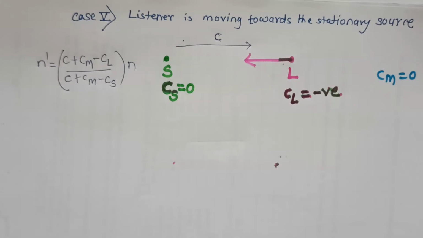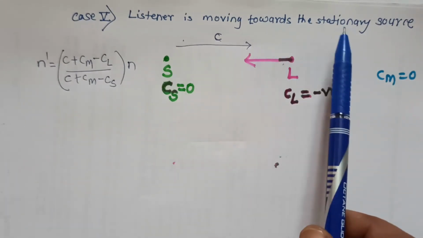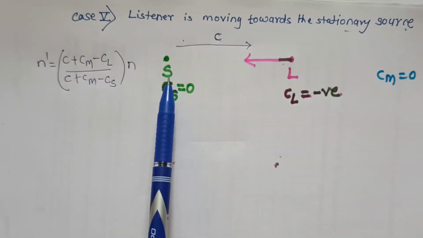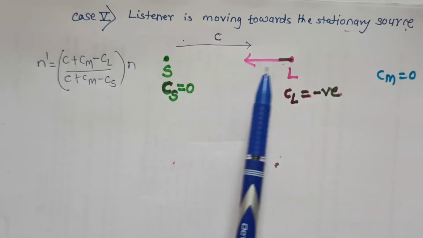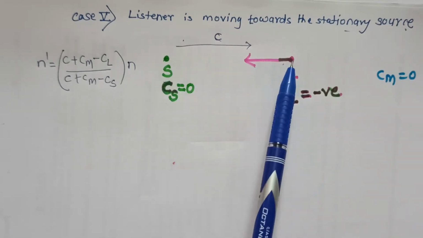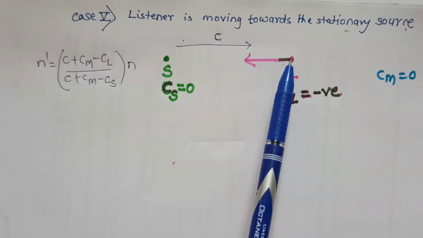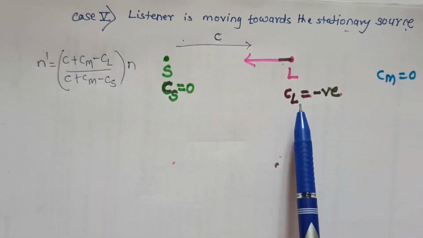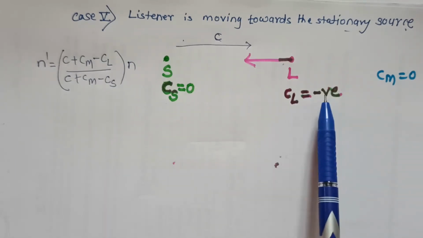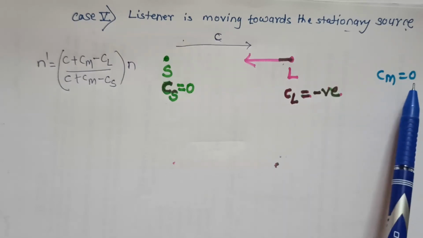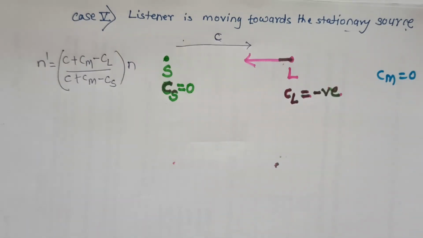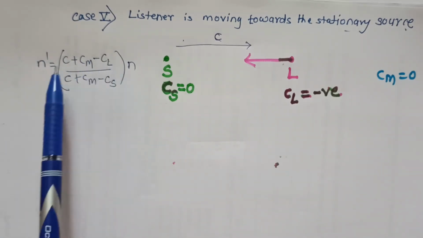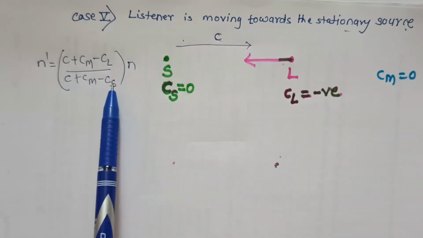Case fifth. When a listener is moving towards a stationary source, this is the source. Source is stationary, cs is equal to 0. The listener is moving towards the source, so its velocity is negative. cl is negative. The medium is considered stationary. Now the apparent frequency n dash is equal to (c plus cm minus cl) divided by (c plus cm minus cs) into n.